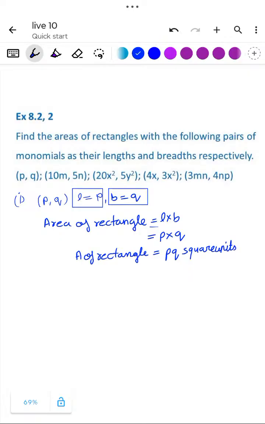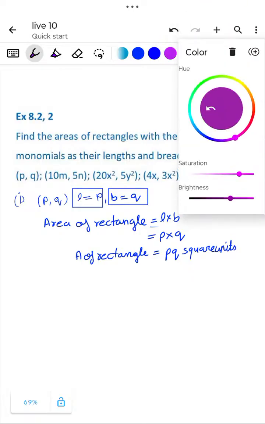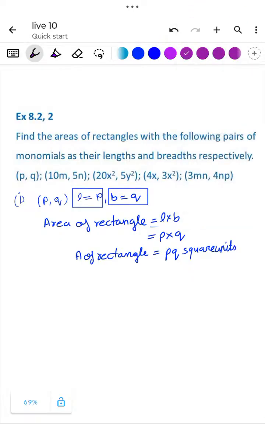Now the second is 10m and 5n. Length is 10m and breadth is 5n.